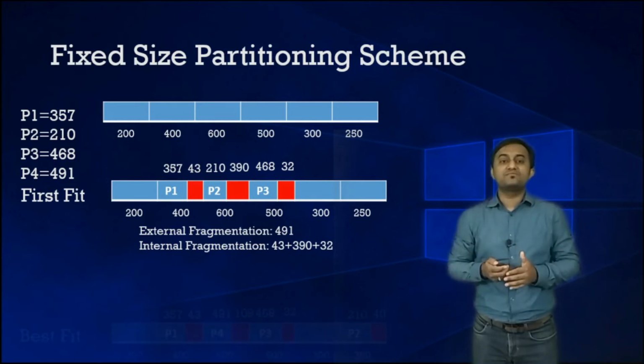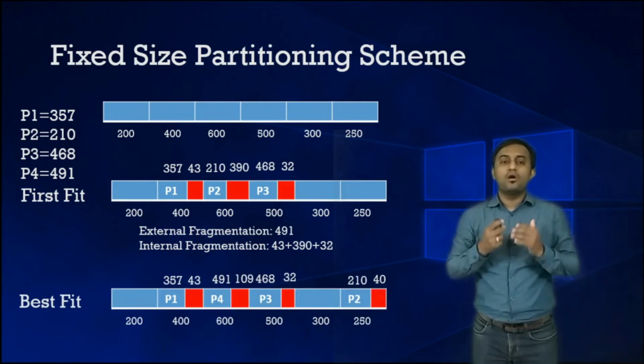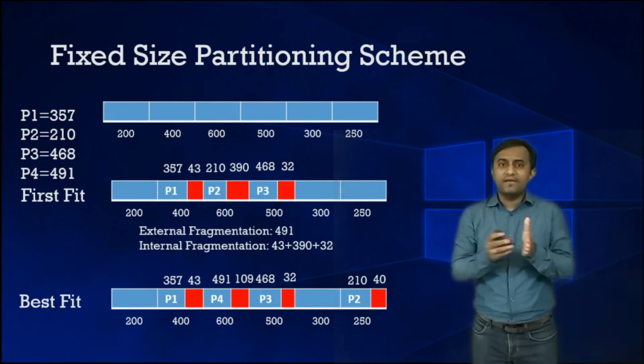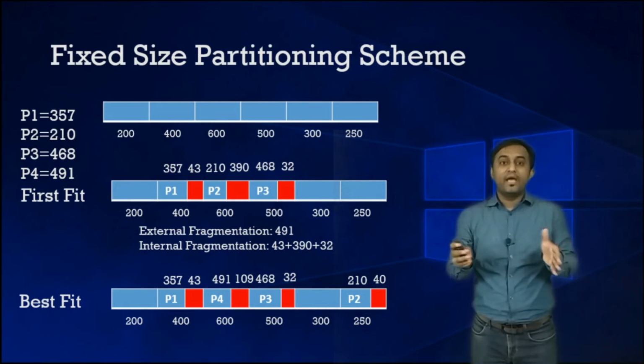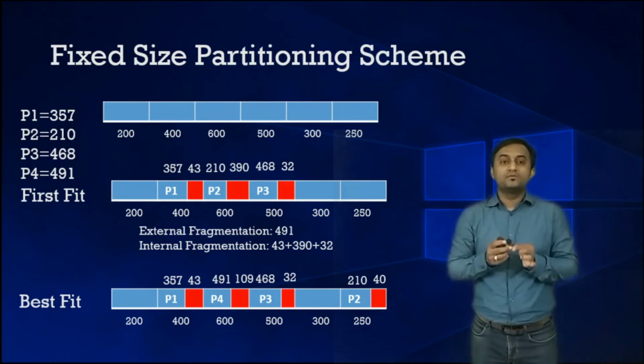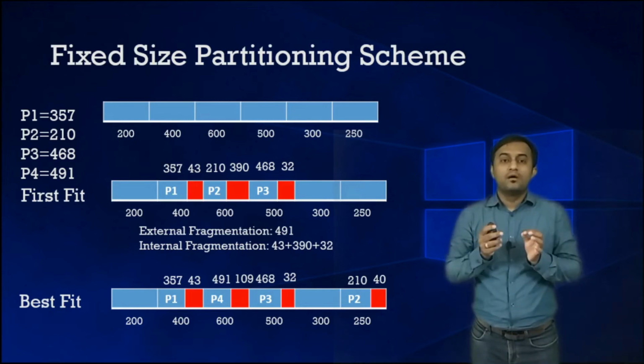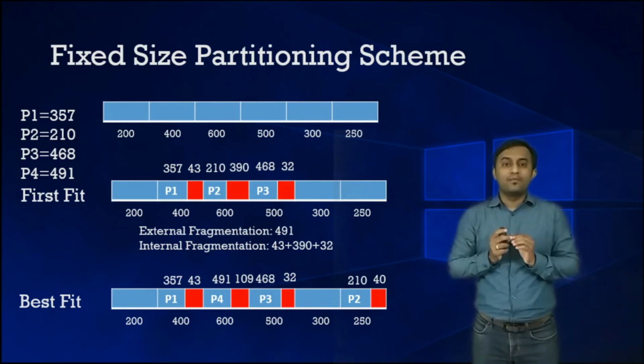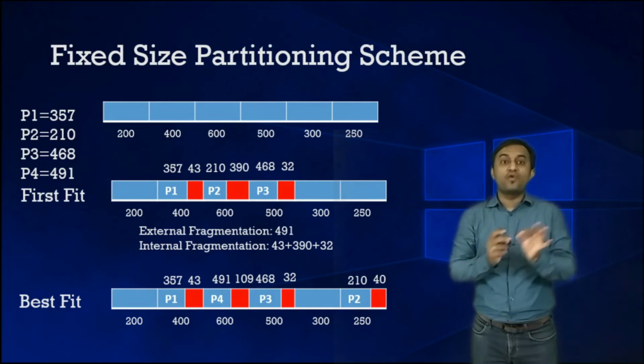Now the next one is the best fit algorithm. As we have discussed already, best fit works in a different way as compared to the first fit algorithm. So how does best fit work? Best fit will search all the available blocks beforehand and it will accommodate the requested process into the available memory blocks by considering the smallest block which is capable enough to accommodate that request.